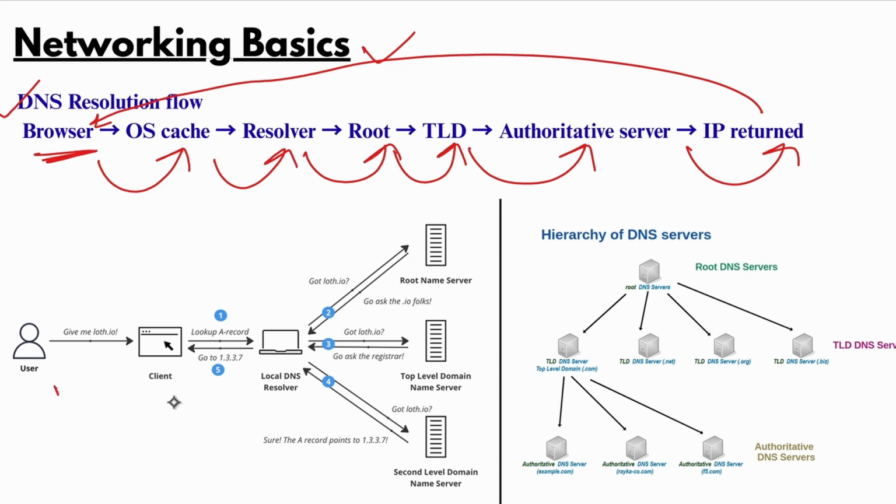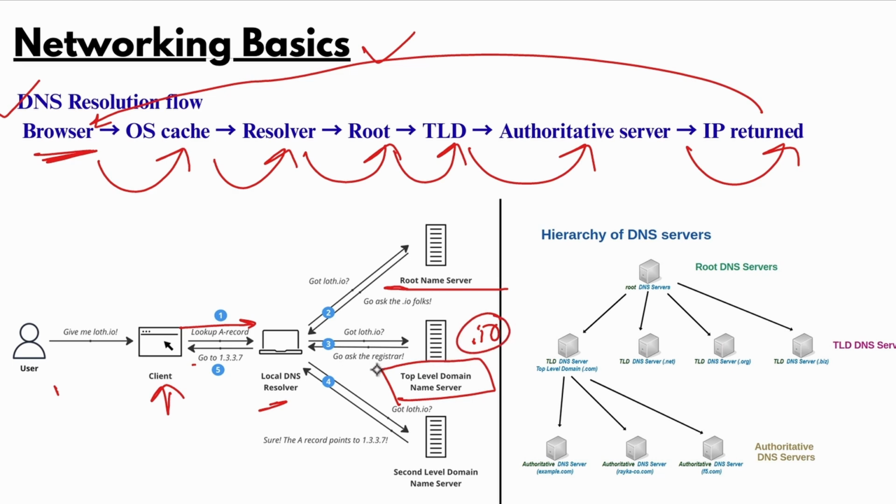When the user clicks in the client or browser, first of all they are requesting a record. Let's say the user is requesting any .io domain. The local DNS resolver will go to the root name server, and then check the top level domain server, which basically filters that .io domain.